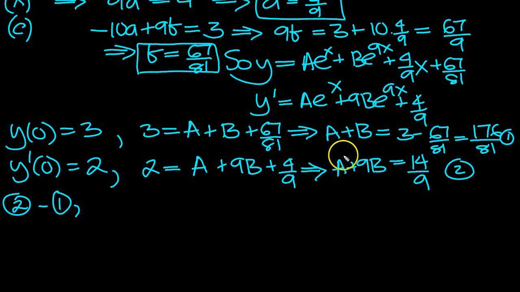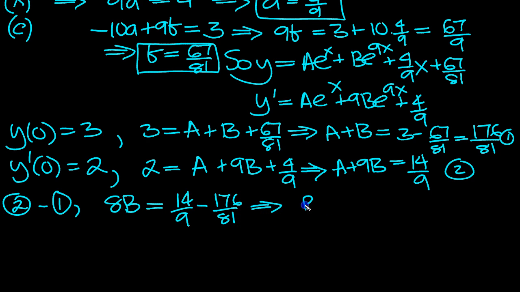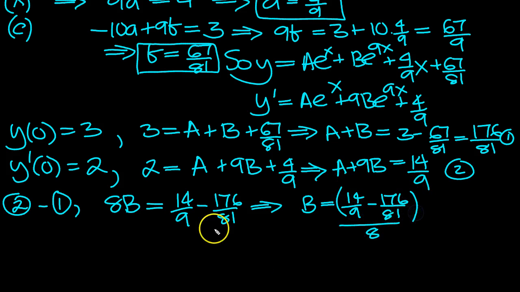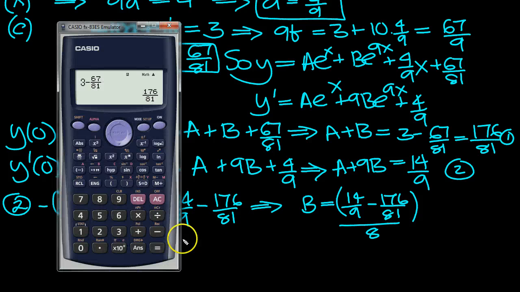And what do we get then? That take that is 8B. So that's good. Is equal to 14 ninths, 14 over 9, take away 176 over 81. So B equals then 14 over 9 minus 176 over 81, all over 8. So we have to be a bit careful here. So let's go to our calculator then.